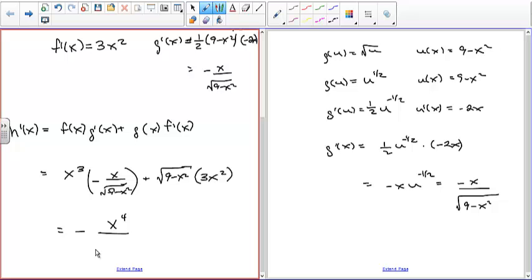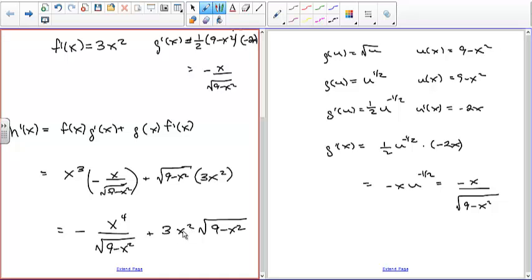The denominator is the square root of 9 minus x squared. Over here, I'd have 3x squared times the square root of 9 minus x squared. So the square root term is last because obviously I know where it ends because it ends at the end of the equation.